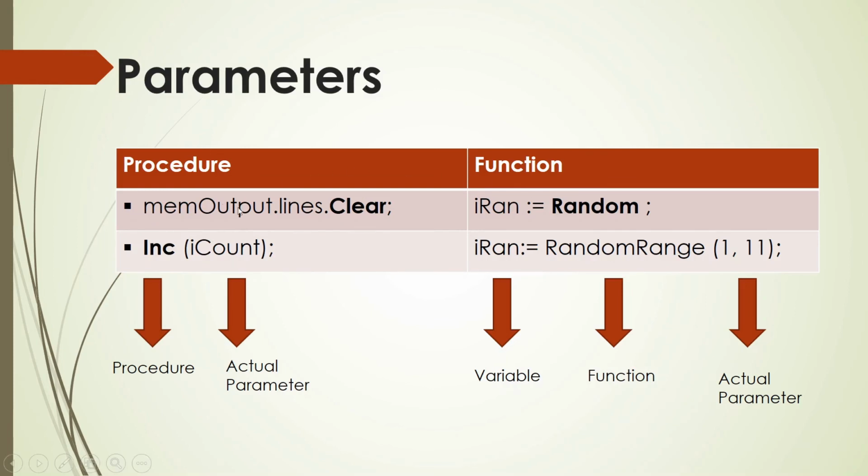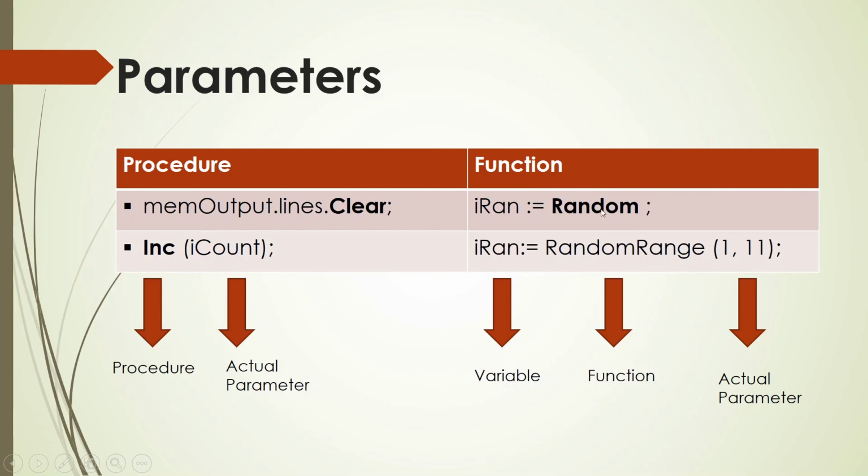So in my first example, I'm using the clear procedure. And the clear procedure has no parameters. All it's doing is clearing the GUI component used for display, which is your memo.